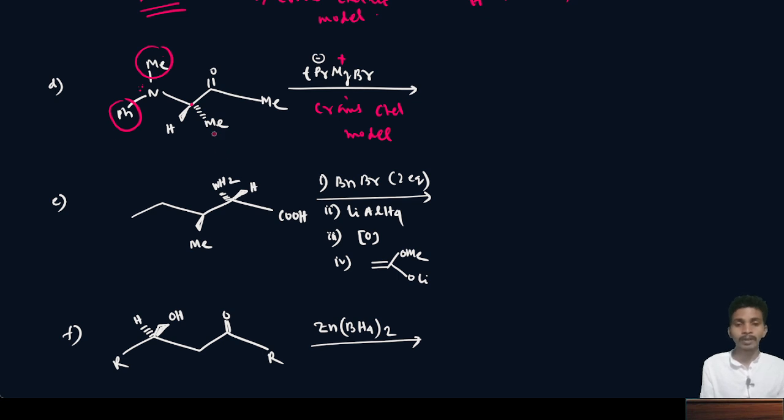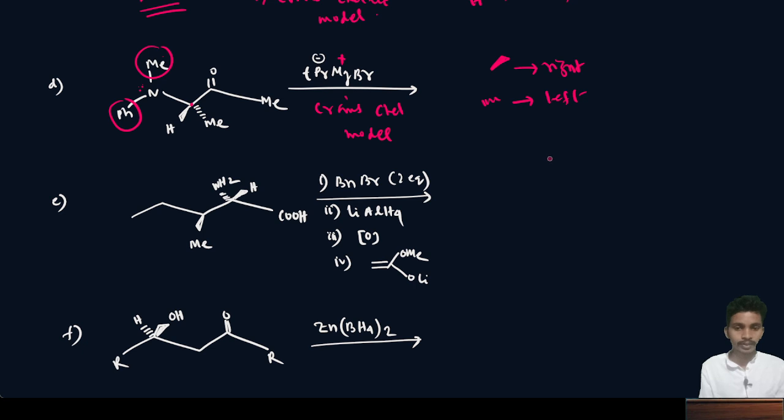The Cram-chelate model says that this group has to be syn to this carbonyl group. Now it is again the same way; it is already shown that this is syn to this carbonyl group, so we do not need to change, or we simply change only that, because we know that this means right and this below means left.